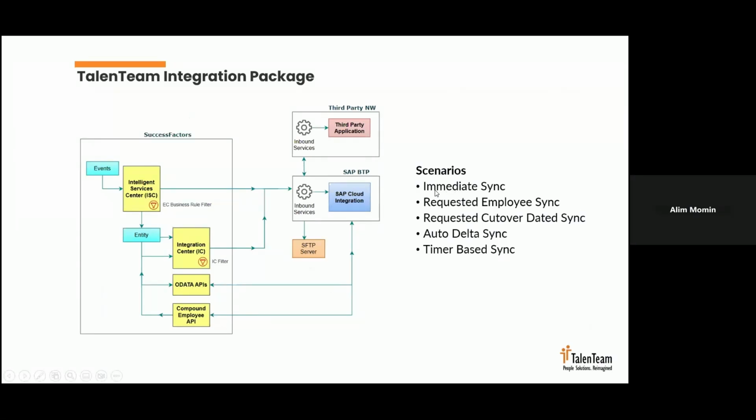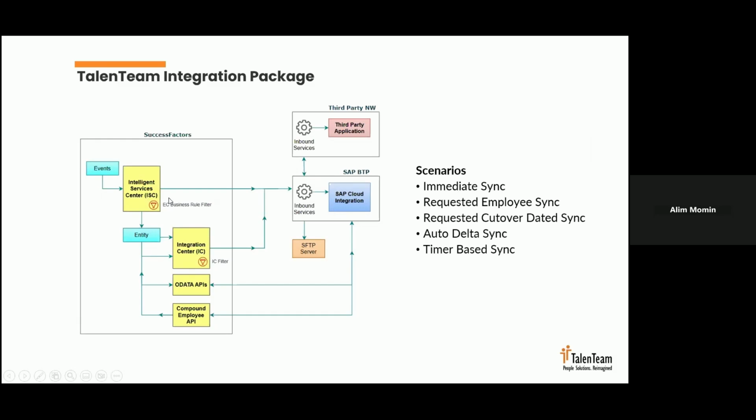So if we talk about the scenarios, what is the immediate sync? Let's say as soon as the employee is modified in SuccessFactors, for example, terminated in SuccessFactors, we want this data to flow to a third party immediately. That's why it is immediate sync.